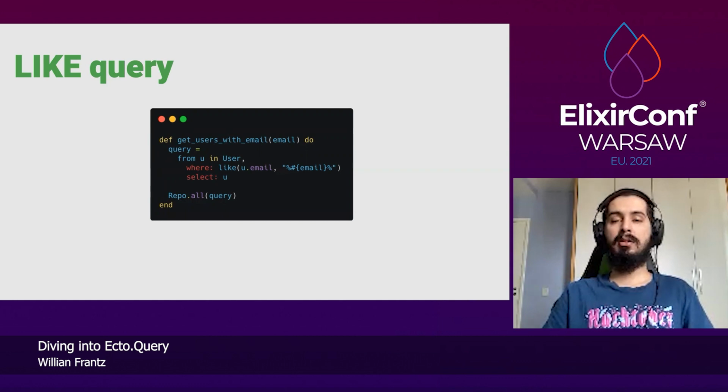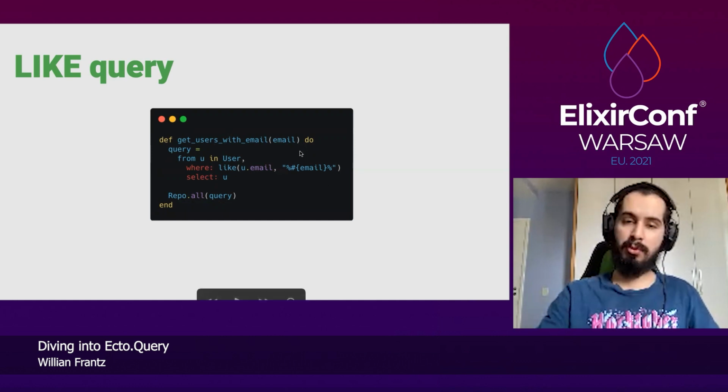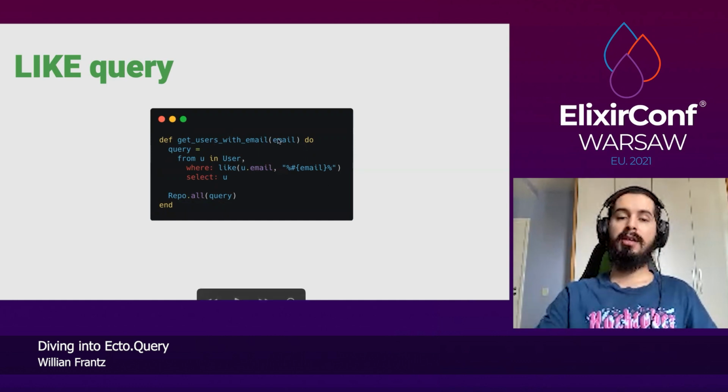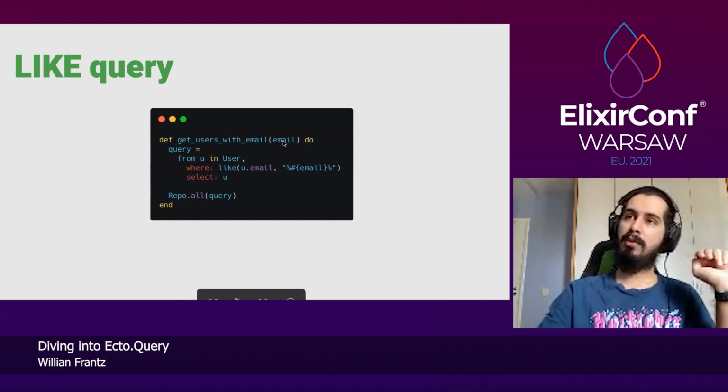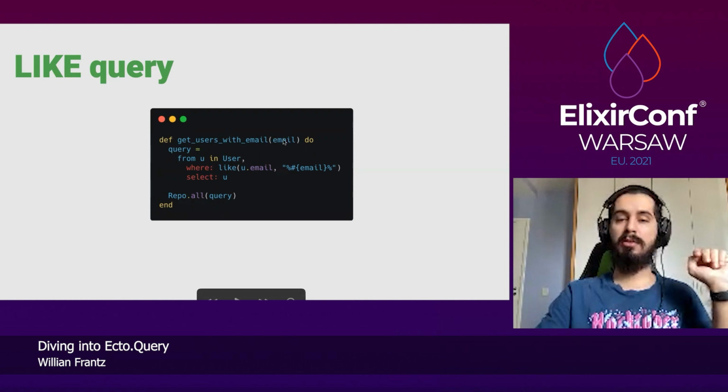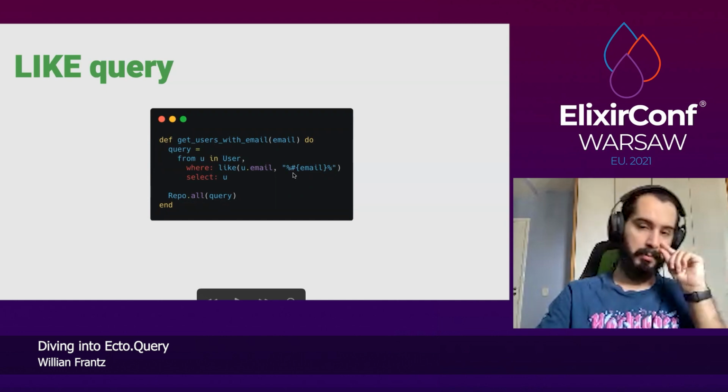So I want to select users with email by email. I'm passing some string called email here, and this string might have some substring of an email, and we want to query over the substring. That's why we are applying a like here, and we are just interpolating our email string.